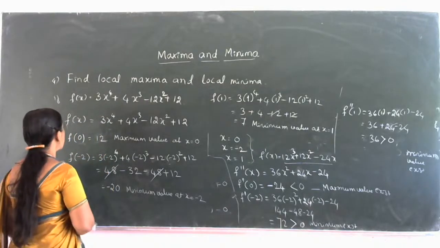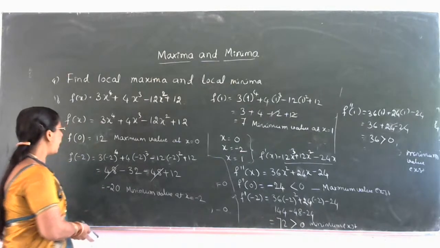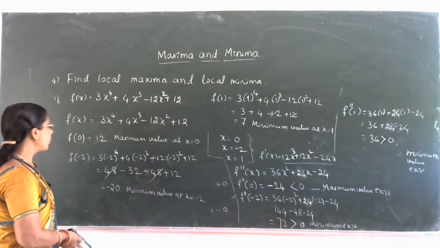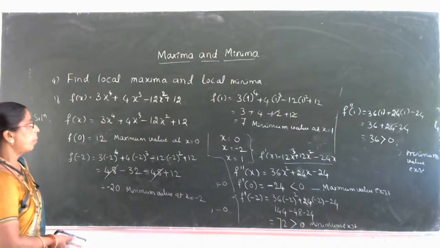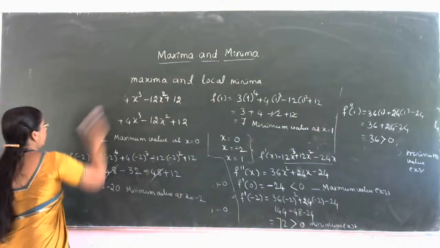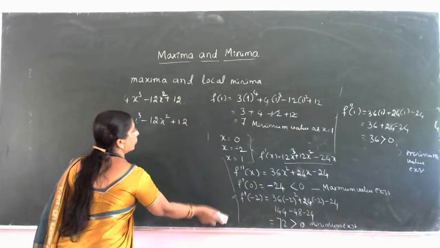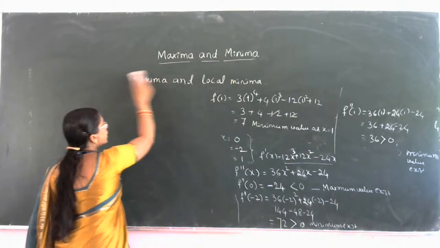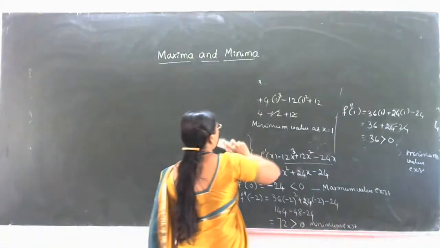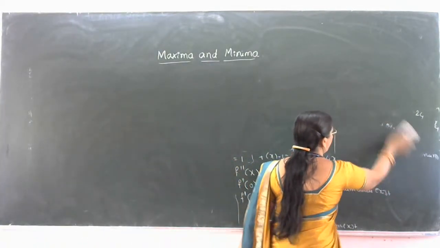Here, maximum is 12 and minimum values are minus 20 and plus 7.